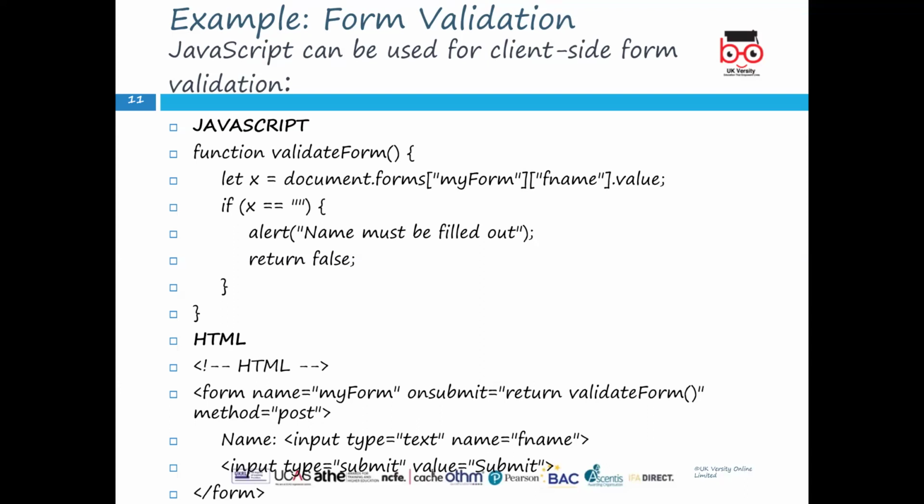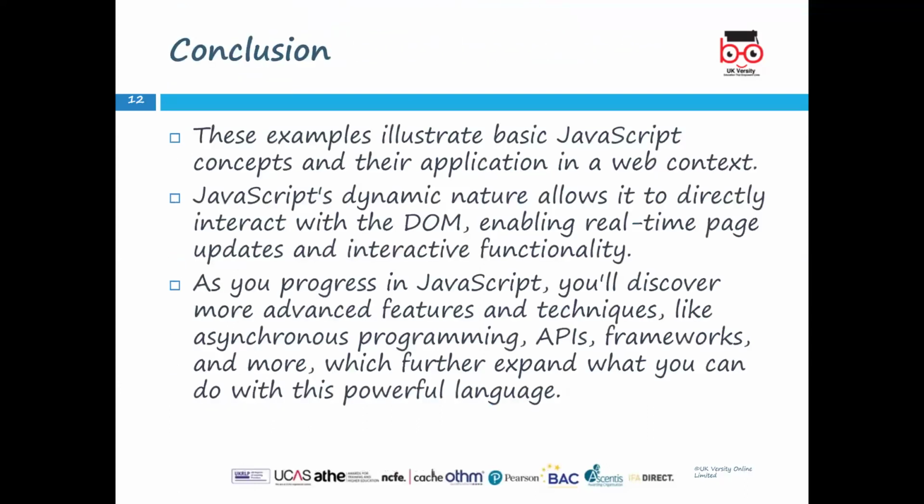So you were meant to add your home address, you forgot to do it, and it doesn't allow you to submit the form. This can all be done with JavaScript form validation. Does that make sense? That makes sense. That's one way of adding it.